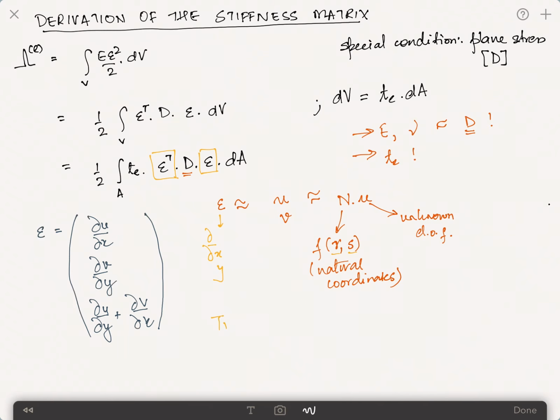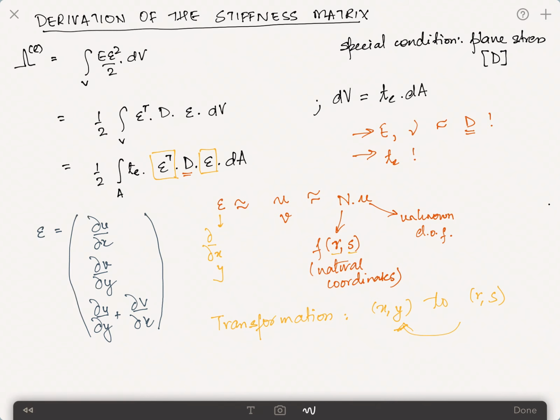A transformation is absolutely necessary from the standard xy to rs, or the other way around, to be able to carry out this partial differentiation. And this transformation of the coordinates is done by means of deriving a Jacobian function, which helps us to find a relation between the natural coordinates and the standard coordinates.